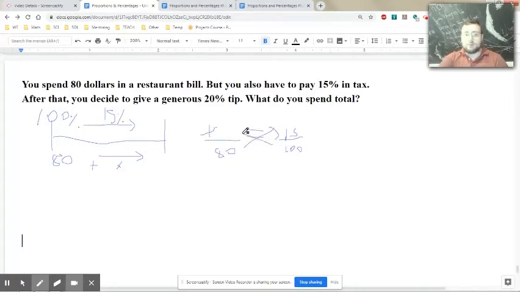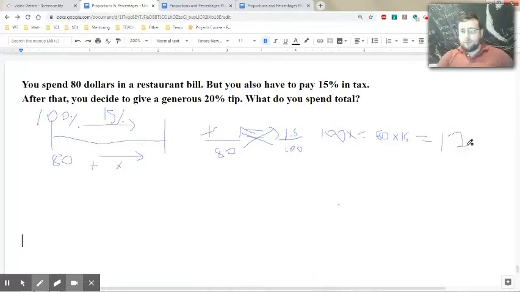Next, I have to cross multiply. So I do 100 times x, which gives me 100x. And that equals 15 times 80. And you can kind of see why I write ahead of time, because my handwriting kind of sucks, especially on the computer. So 15 times 80, and that's going to be the same thing as 800 plus 400, so 1200.